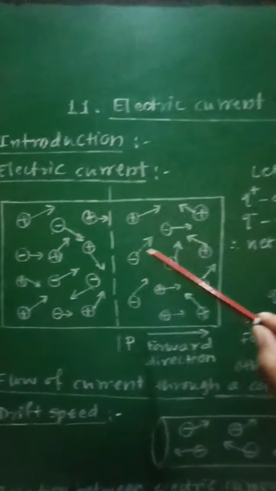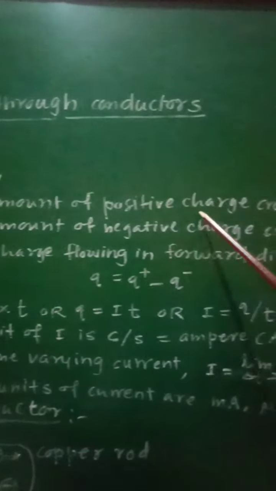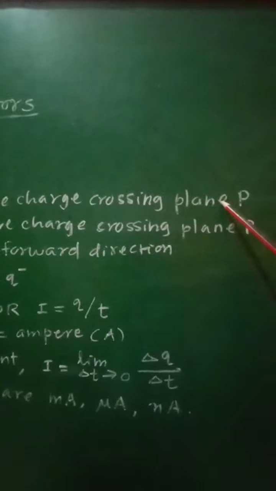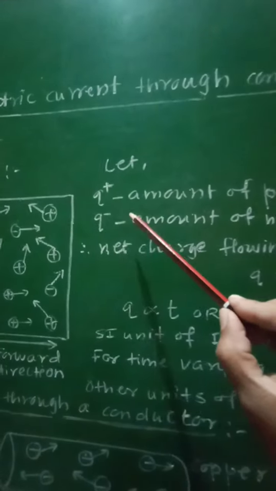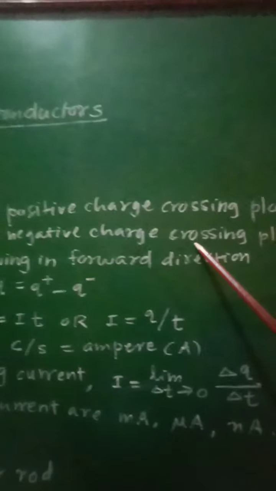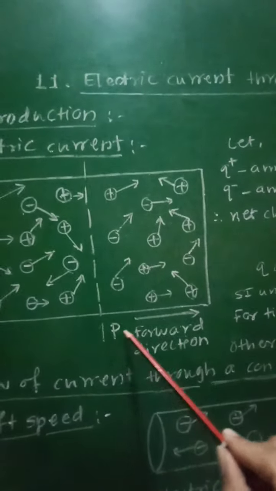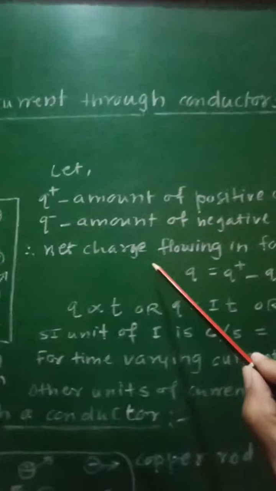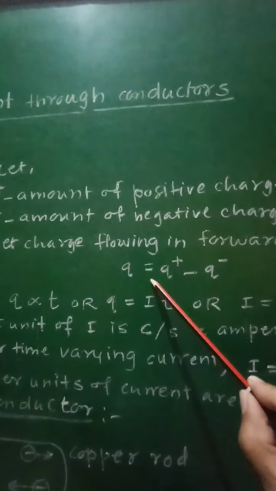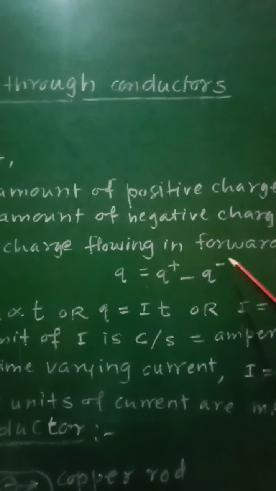Then let Q plus be the amount of positive charge crossing the plane P, and Q minus be the amount of negative charge crossing that plane P. And therefore the net charge flowing in the forward direction, that is here from left to right, will be given as net charge Q equal to Q plus minus Q minus.